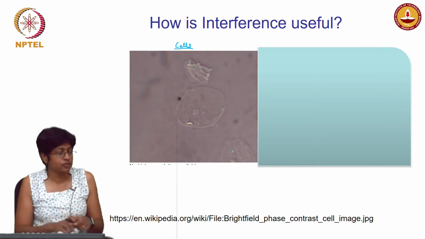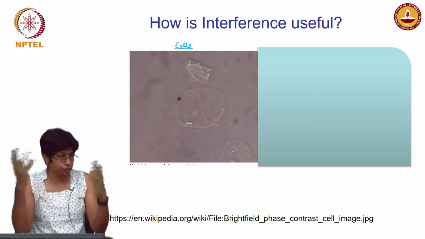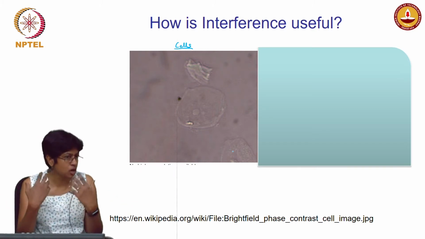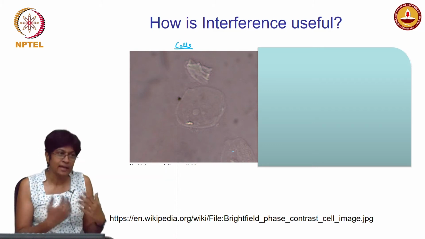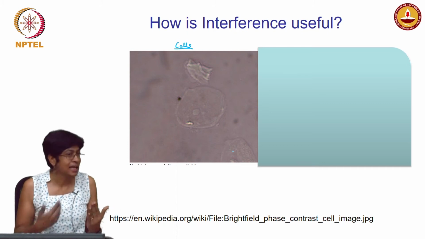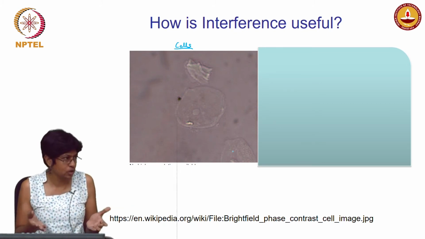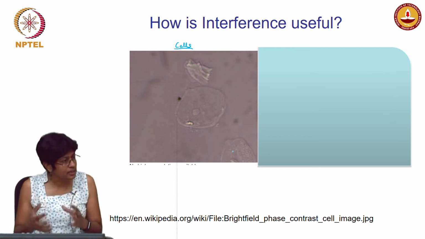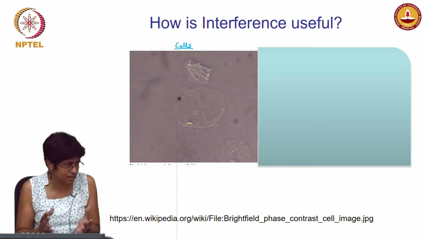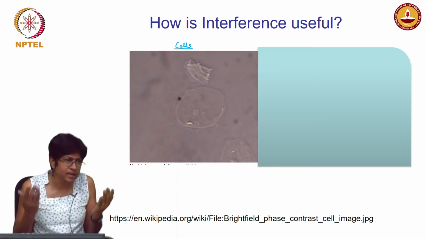In the case of the India Gate picture, it didn't have good contrast because of the fog which was scattering the light. Otherwise, you would have had a very strong reflection from the building, and from the regions around the building there was nothing, you don't have a reflection, and that is what created the contrast. Here you don't have a contrast because the refractive index of what we want to image, that is the cell, and the refractive index of the medium around the cell are very, very similar.